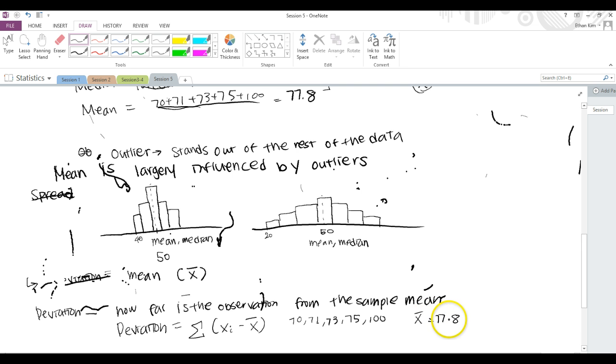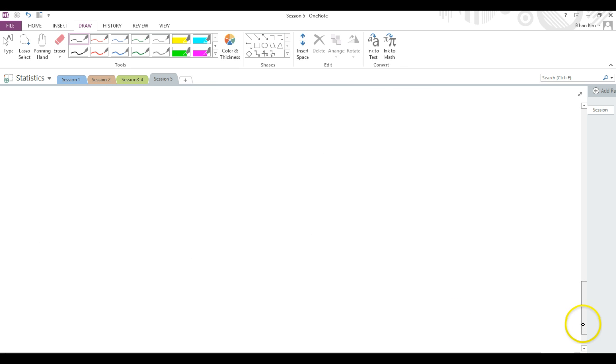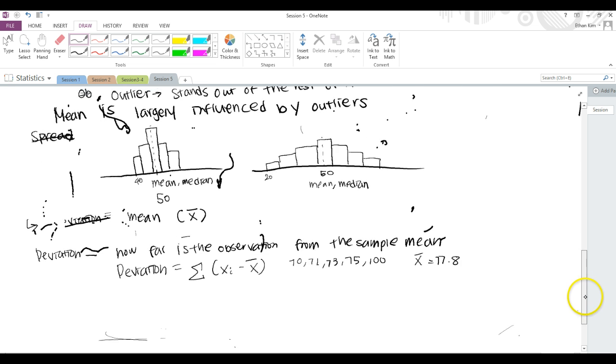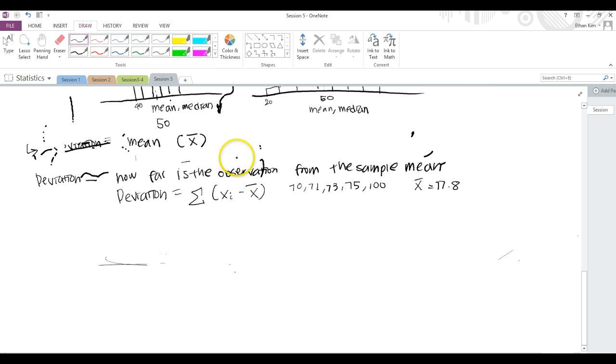The deviation is the following. Using this notation, it's the sum of all differences between the observations and x bar. If you write it out, it's 70 minus 77.8, plus, for i equals 2, 71 minus 77.8, right? So on and so forth.